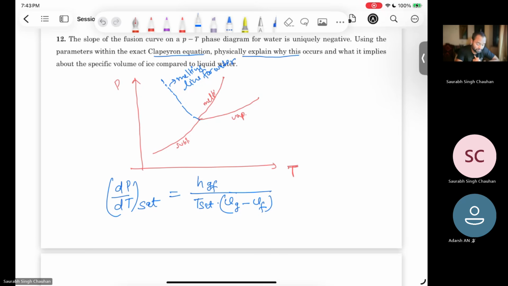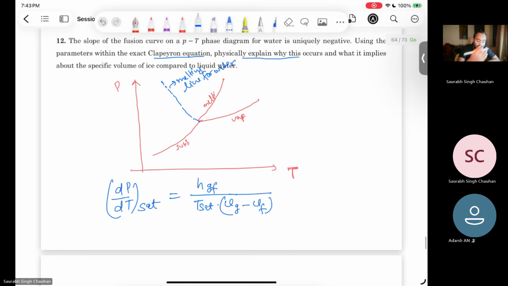Sorry, it is about melting. You need to give some heat to melt the ice, right? So the latent heat of melting, I should use F and S, F for fluid, S for solid.